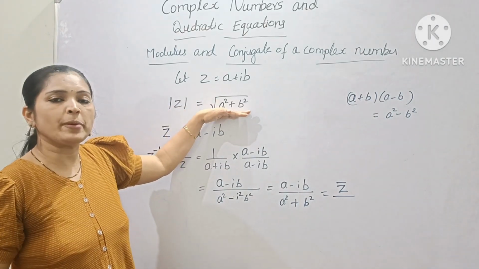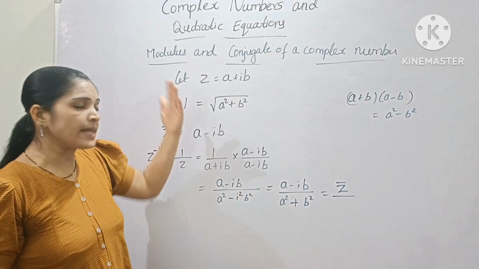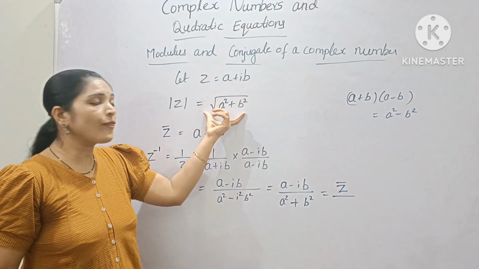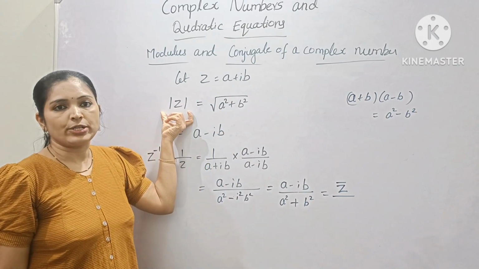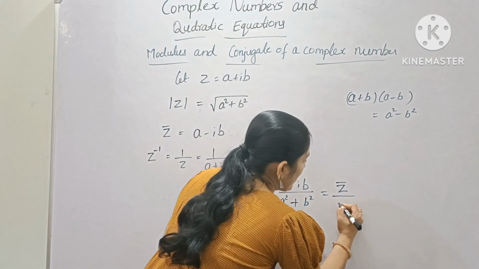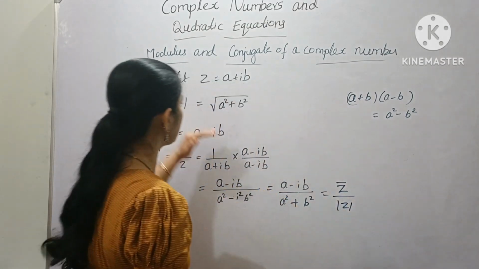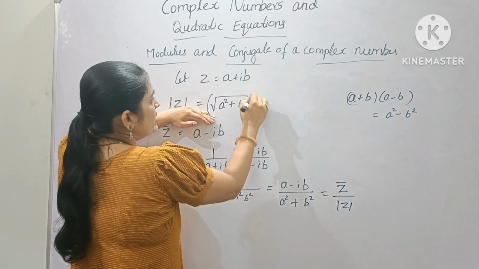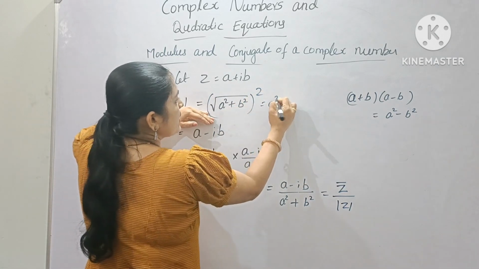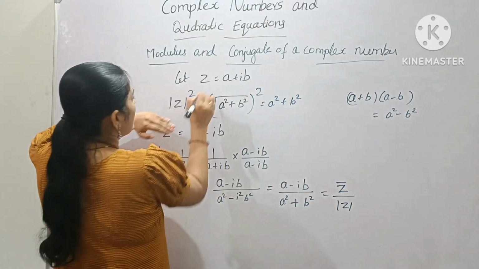Square root of a square plus b square. So what is a square plus b square? It is the square of square root of a square plus b square, that is modulus z square. Modulus z is equal to root of a square plus b square, then its square is nothing but a square plus b square, right?